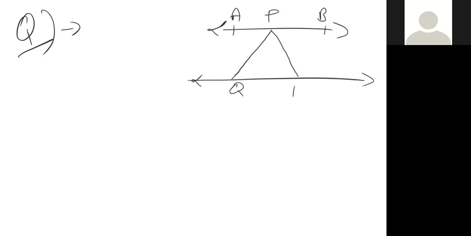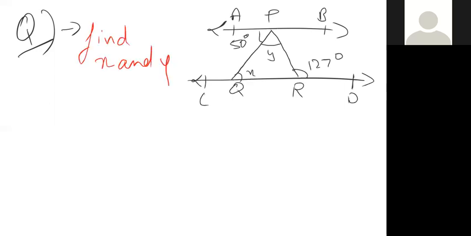So this angle is given to be 50 degrees, and they've given this to be Y, and they've given this to be X, and this to be 127, right? So the question says, find X and Y. Simple question, I think it will be done very quickly.